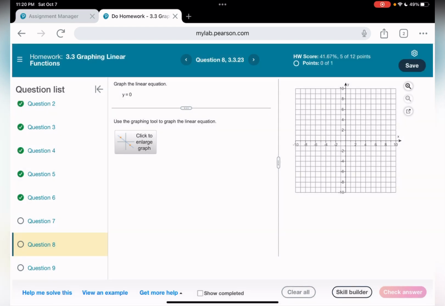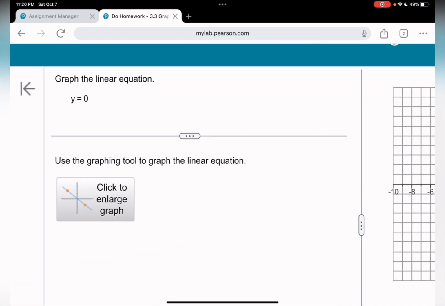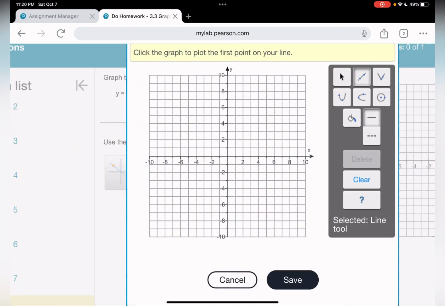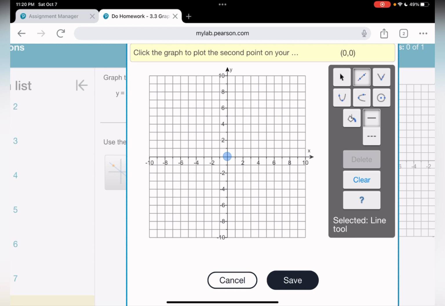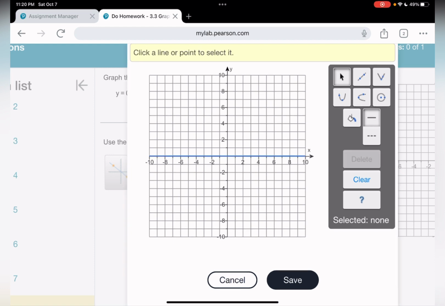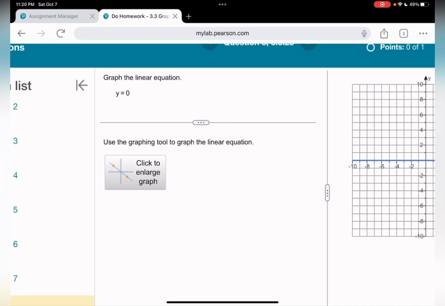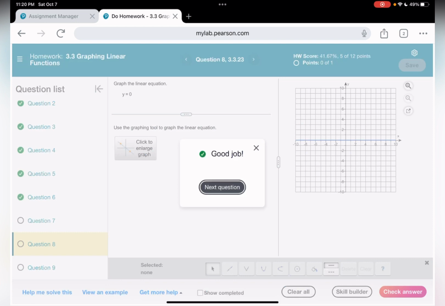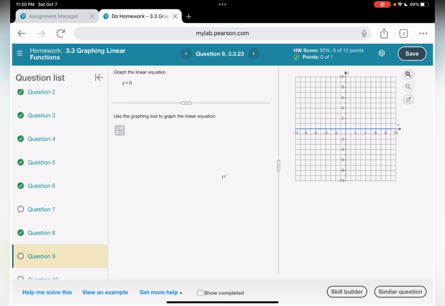Question number 8. What is this? Y is equal 0. All right, y is equal 0, it's here. So my graph is sitting on 0. Safe? Good job.